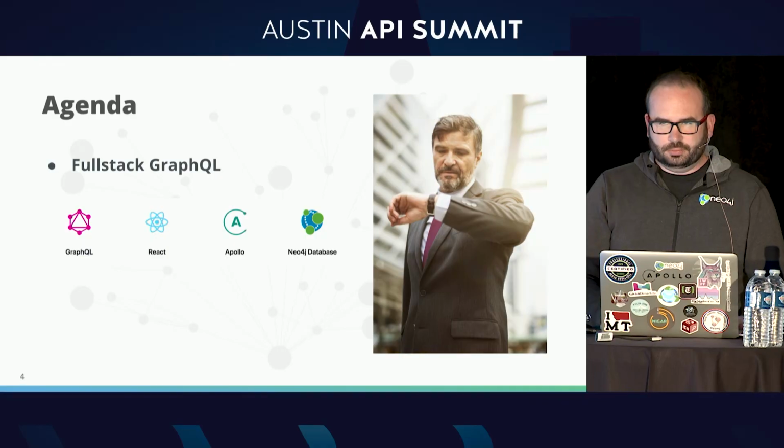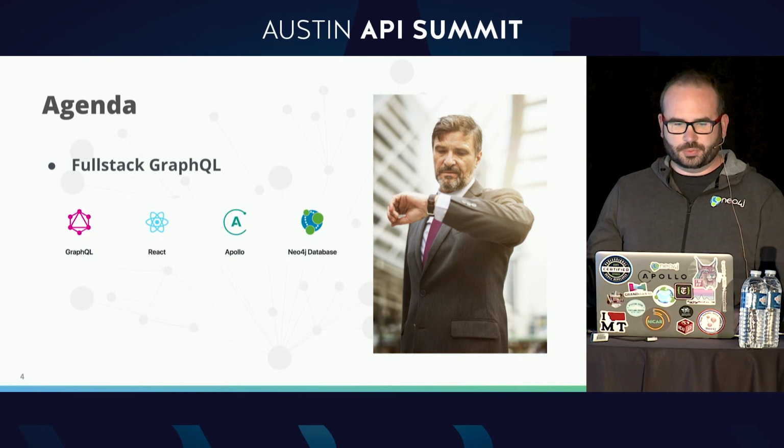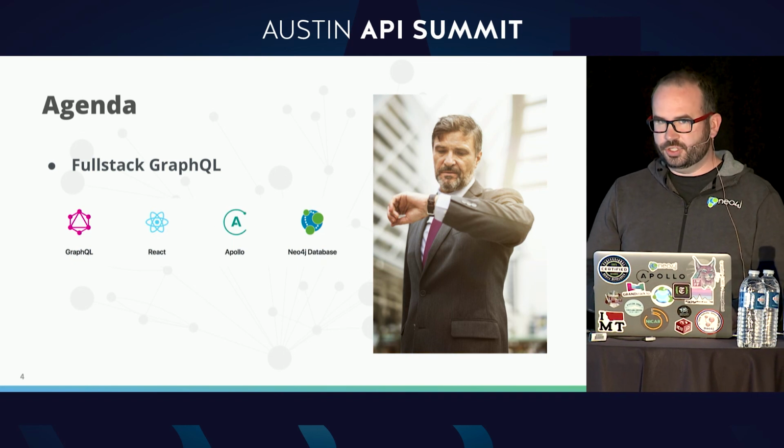We'll talk about querying GraphQL. We'll specifically look at a React integration for querying GraphQL. Then we'll take a look at GraphQL authorization and some of the ways to do that. So like I said, full stack GraphQL is the focus. These are some of the tools we're going to be using: GraphQL, React, Apollo, and Neo4j Database.